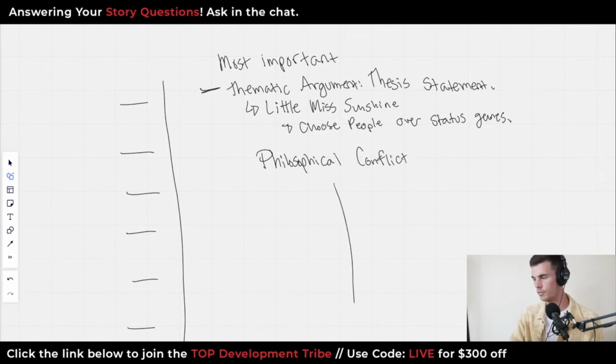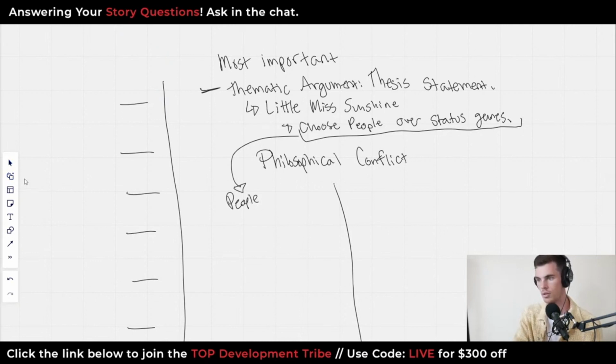And then here, you're saying, okay, well, choose people over status games, right? So we can say, okay, that's going to be this side, right? The people, or choosing people. Or choosing family might even be a better way to say this, or choose family and choose your own self-expression, right, is another way to say what's happening in the film.